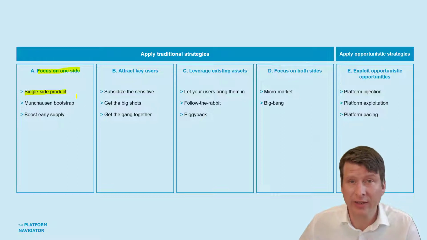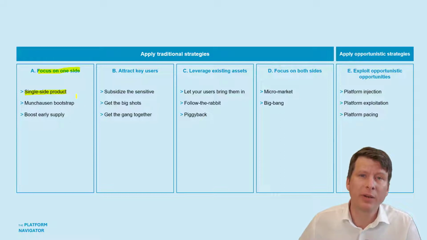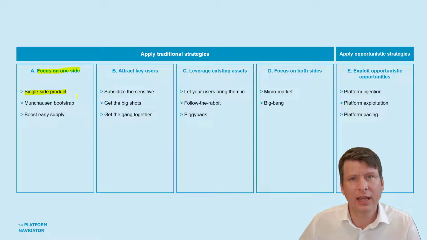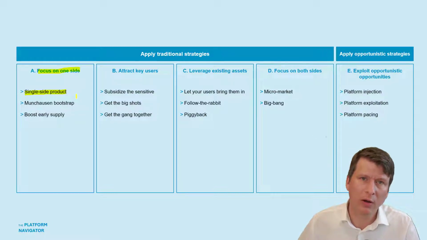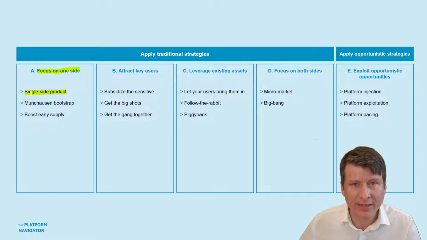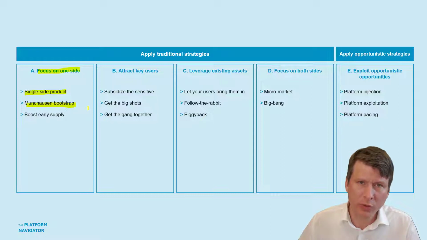And only after that, they opened up their product and it was possible for guests to book over the platform of OpenTable. So start with one side, build a compelling product for one side of the market first, and then open it up.